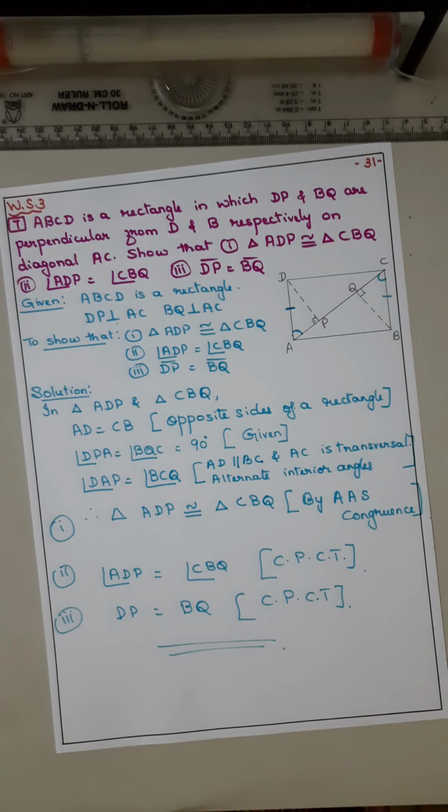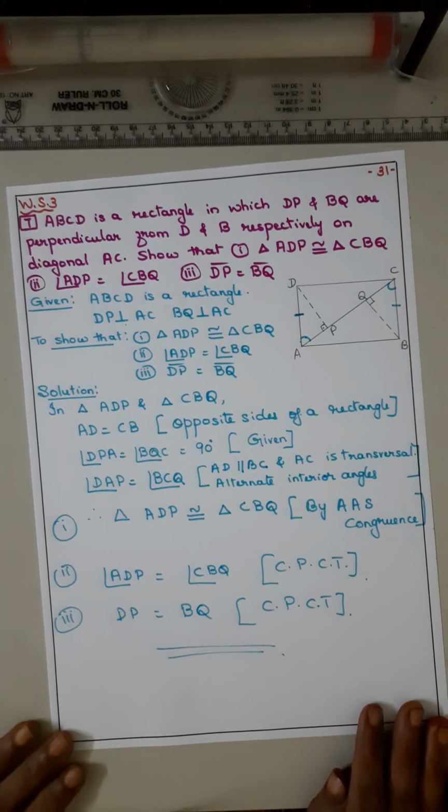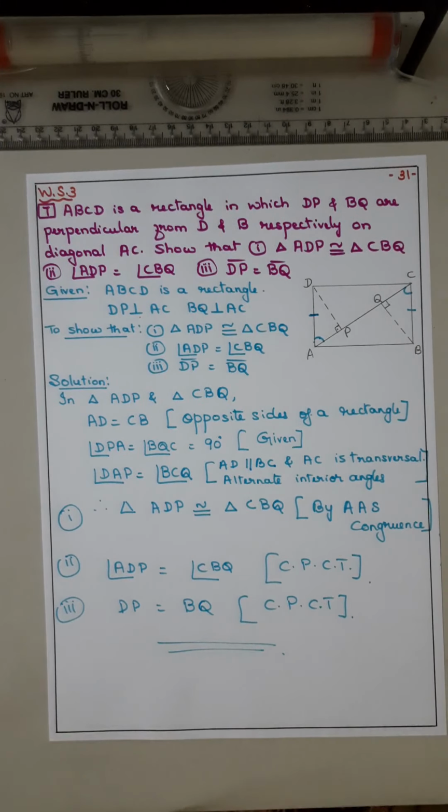And please remember all the properties of the trapezium, parallelogram, rhombus, square and rectangle. Then the lesson will be easier. And parallel lines and the angles, you have to remember.